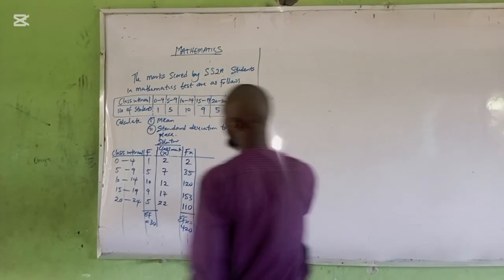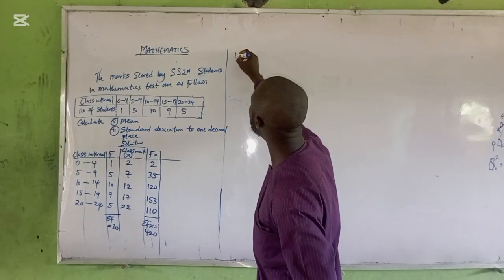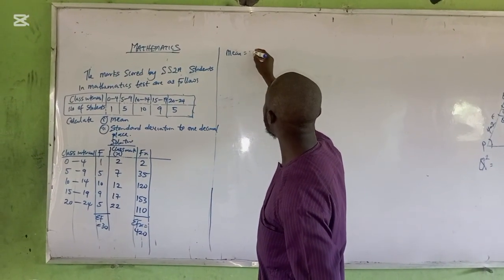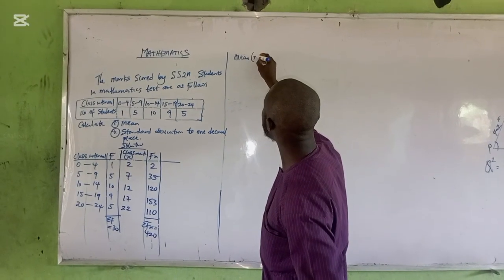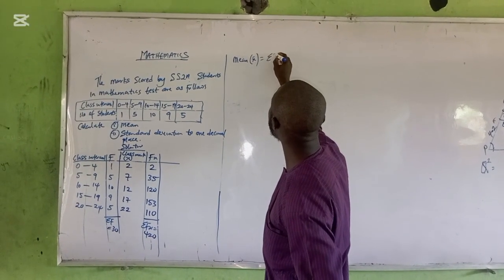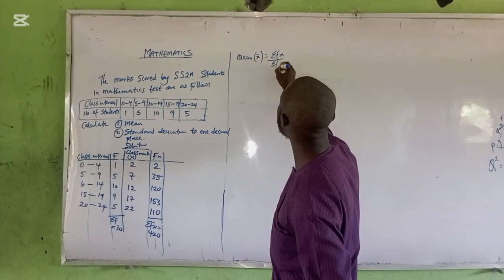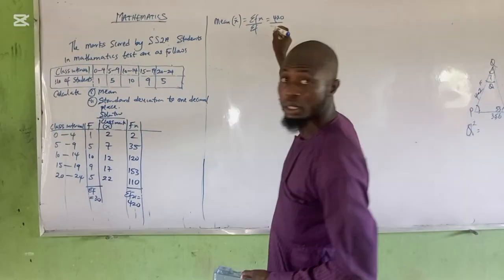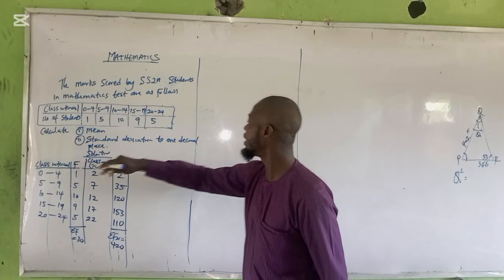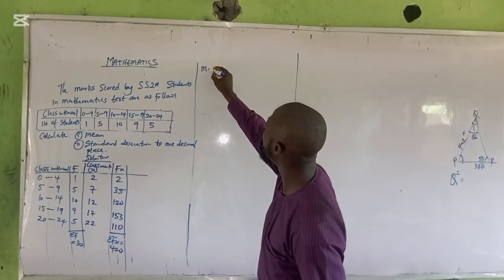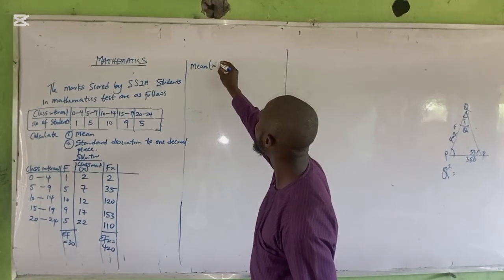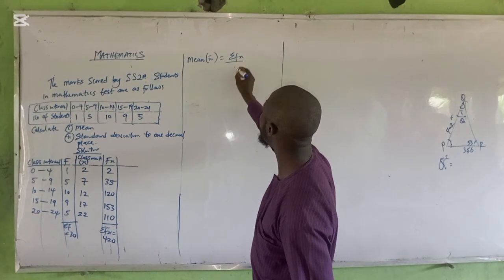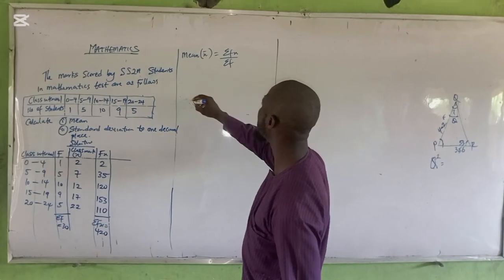So now, question 1 is calculating the mean. To calculate our mean, x bar equals summation fx over summation f, which is the frequency.